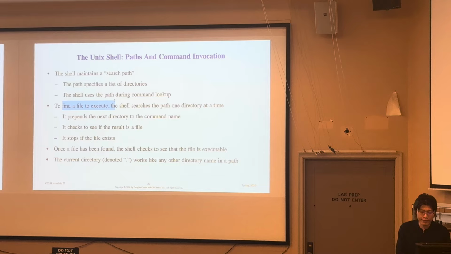So to find a file to execute, the shell searches the path one directory at a time. Right? It prepends the next directory to the command name and checks to see whether the result is a file. It stops if the file exists.